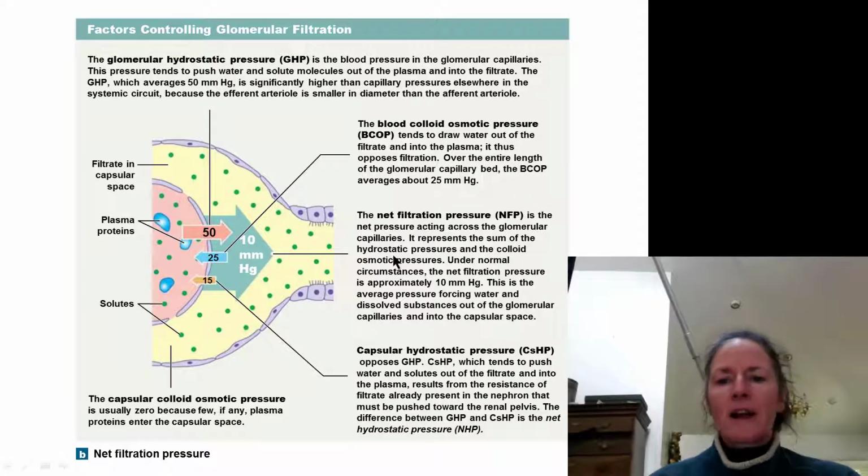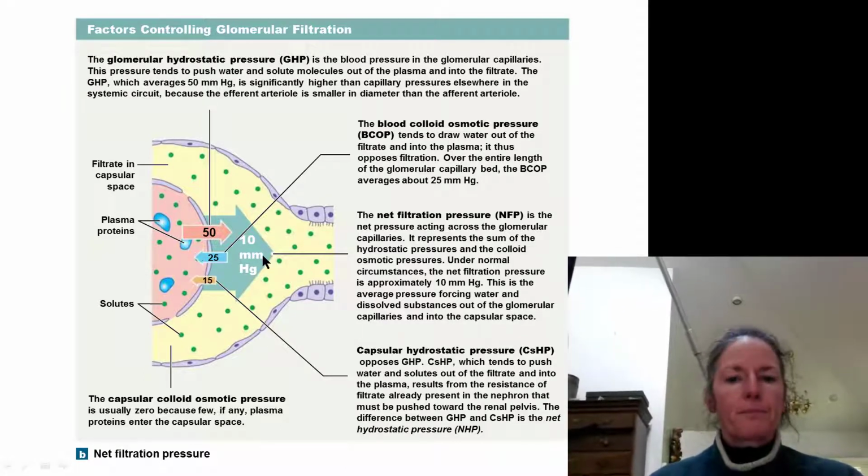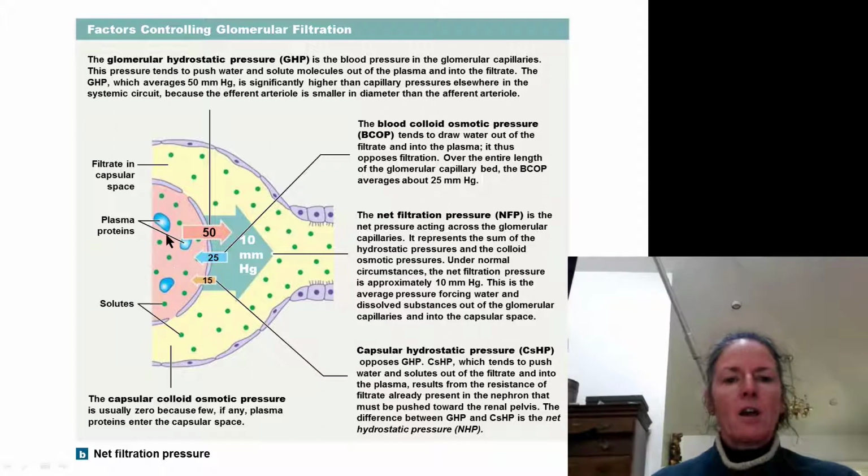So what we're going to look at right now is the net filtration pressure, which is going to be all three of these different things combined. So our blood colloid osmotic pressure, drawing fluid back into the capillaries, is going to be opposed by our blood hydrostatic pressure, which is pushing fluid and solute out into the capsular space.